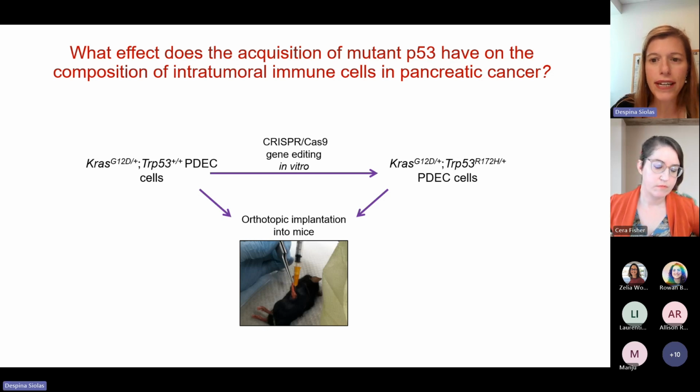So the goal was to create isogenic cells that we could manipulate in vitro and then orthotopically put back in the mouse for immune studies. And we focused on the R172H mutation because its human equivalent was the most frequent P53 mutation in pancreatic cancer, and it had well-established gain-of-function activity. So I created these two different cell lines, and we started to put them in the mouse.